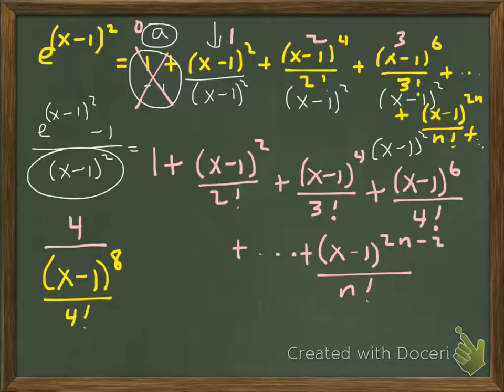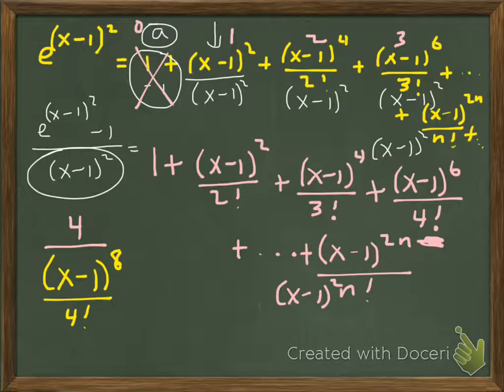2n minus 2, does that work out with 0? What would we have done there? If we did that, how would that change things? 2n, and then we'd have an x minus 1 here to the second power. That cancels that out.